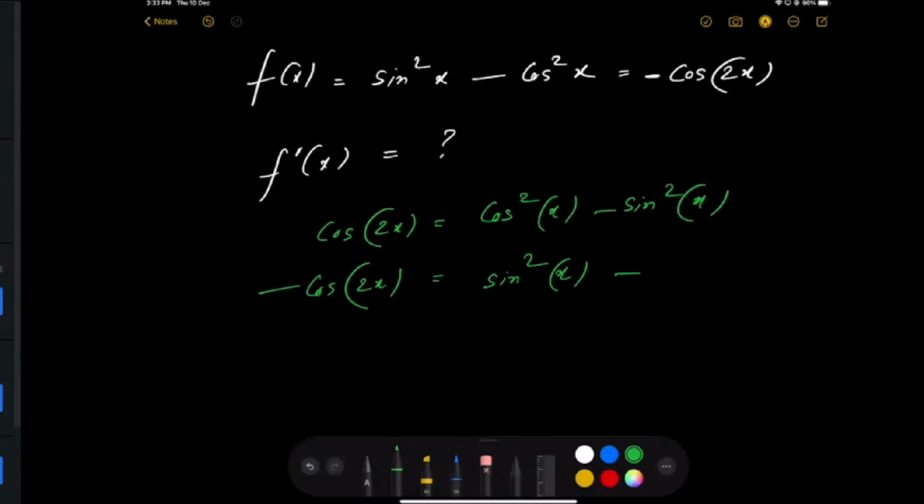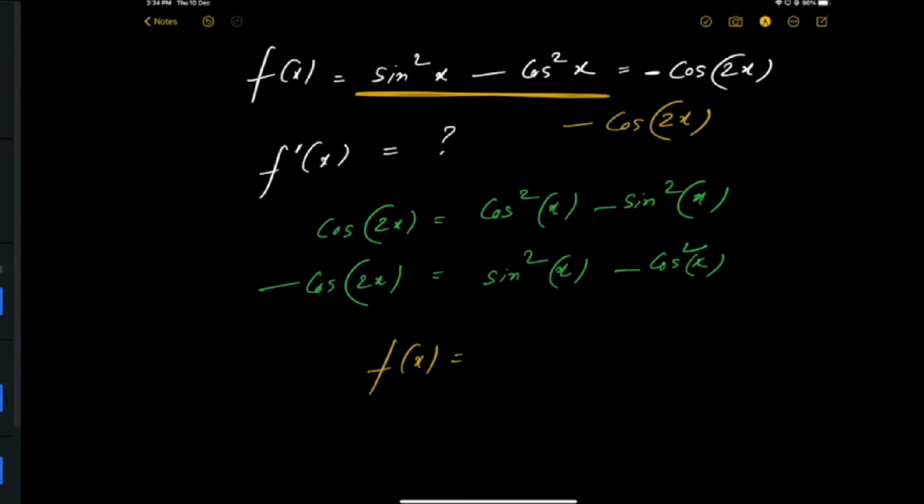Correct? So this can be written as minus cos 2x. Nothing, just it will be easier. So if f of x is minus cos 2x, then what is f dash of x?